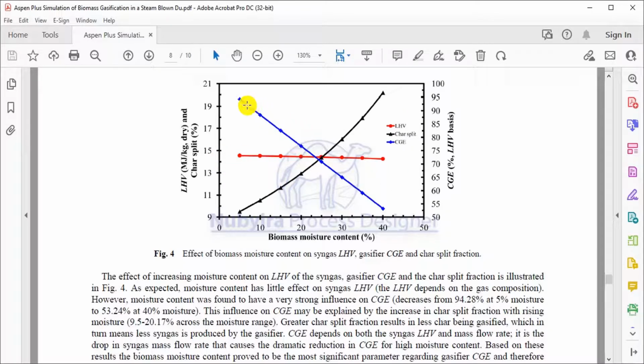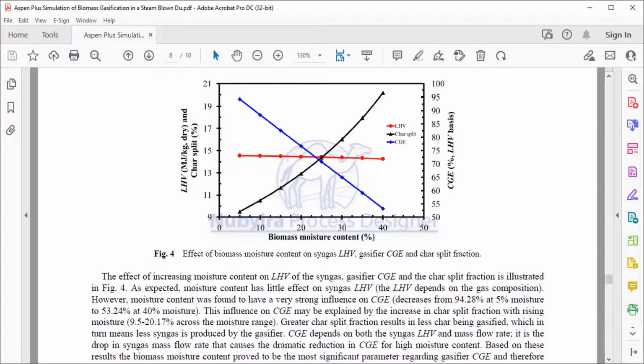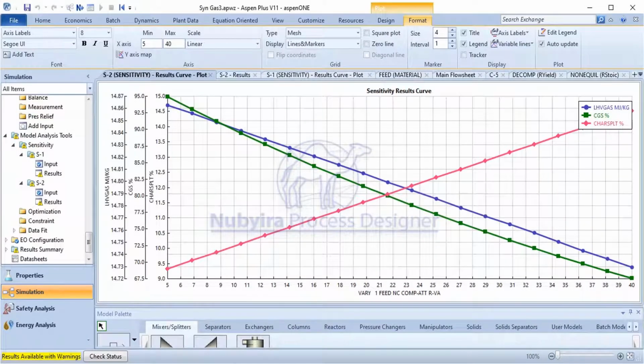This one, the CGE, is inversely proportional, while the low heating value is directly proportional. Okay, this is the CGE here. You understand the inversely proportional. Yes, and the LHV is directly proportional. So that's it.